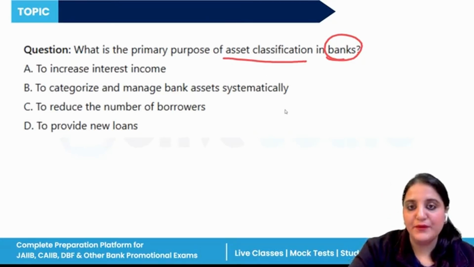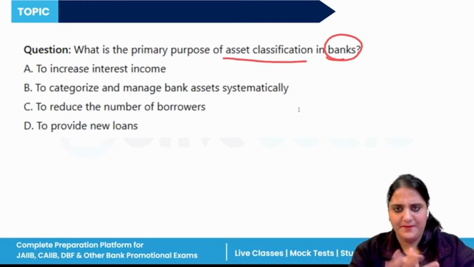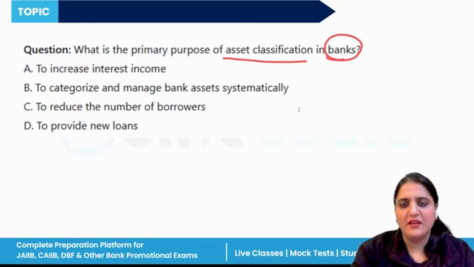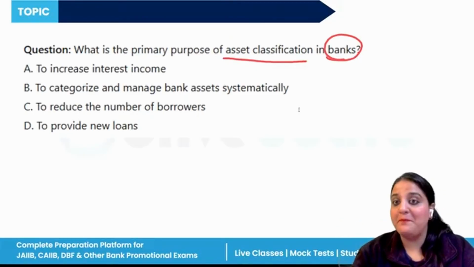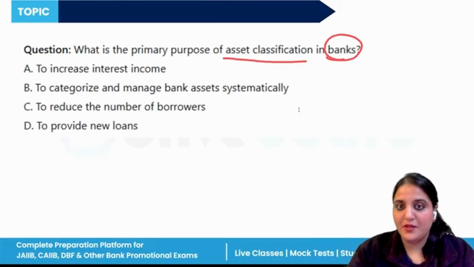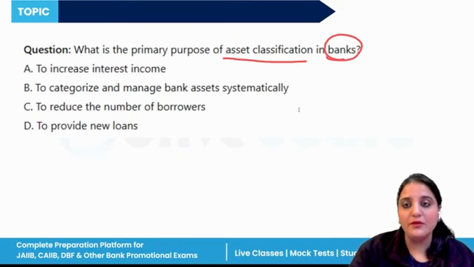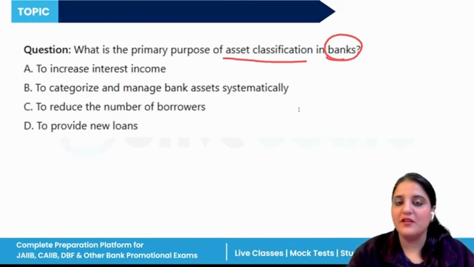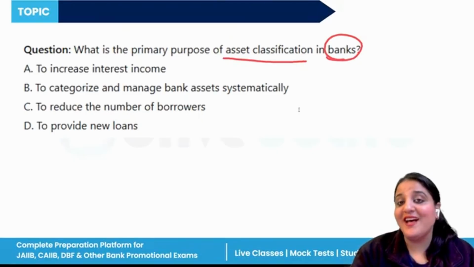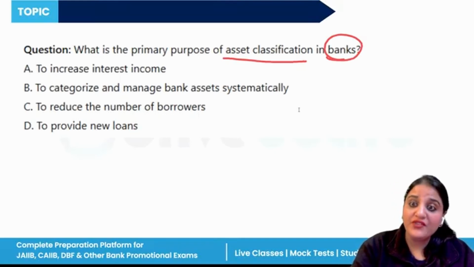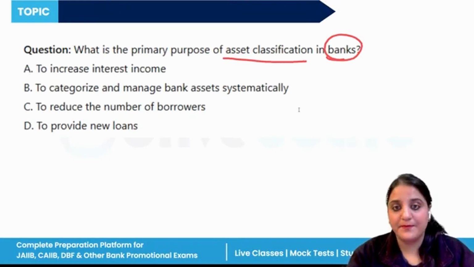So here, imagine that you are a branch manager in a small town branch of a public sector bank in India. You have a variety of loans in your portfolio. Some are home loans, some are business loans, some are gold loans. One day, your regional manager asks you to categorize all your loans based on how safe or risky they are.